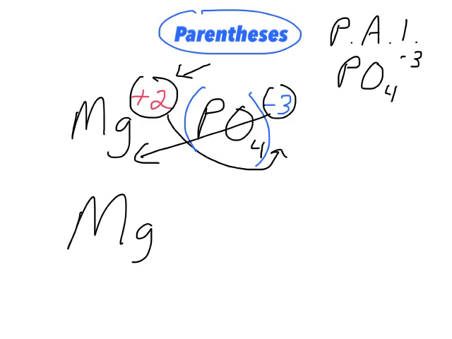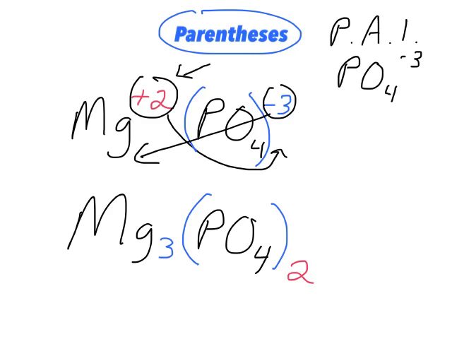We don't write the negative for the 3, we simply write 3. We need parentheses around the PO4, we keep the PO4 as a group, but then on the outside of parentheses, we put a 2. It would look really strange if we didn't have the parentheses, because then we would have PO42. And that looks a little bit odd.